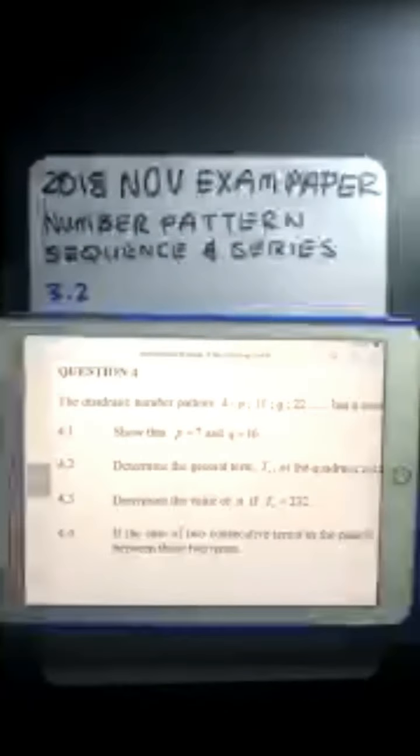Let me try and do this. Still blurry. Let me try to maybe clean the camera. Seems like it is still blurry, but it's fine. I'll just read the question paper.